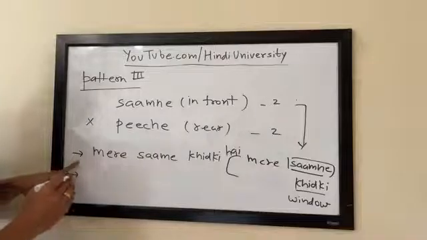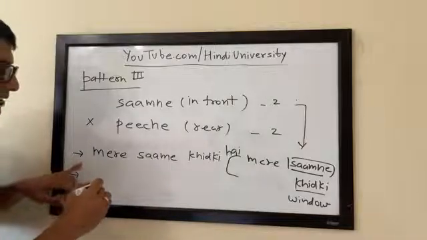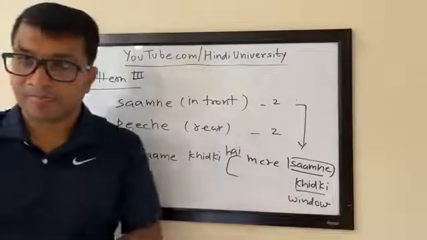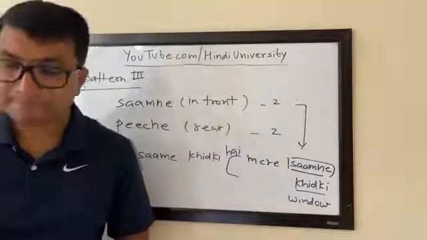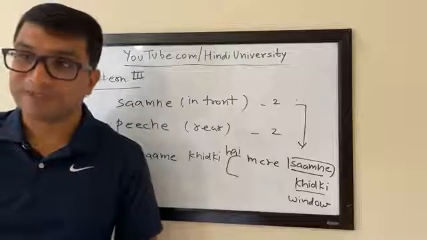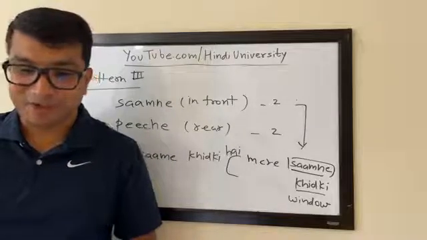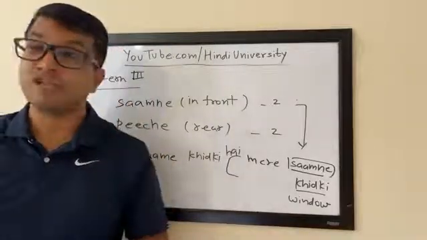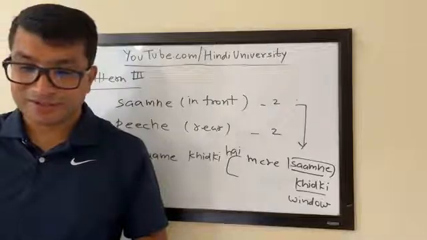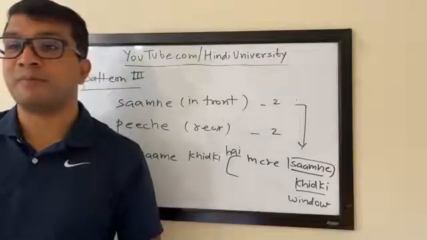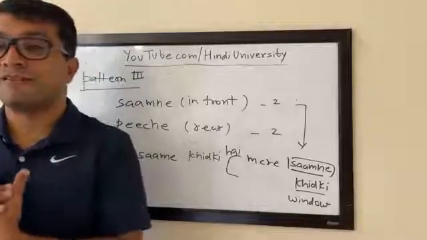In front of my window? No, मेरे सामने खिड़की है. In front of me, there is a window. That's right. मेरे सामने शेर है, because it's directional, right? Like there is a lion or tiger in front of me.